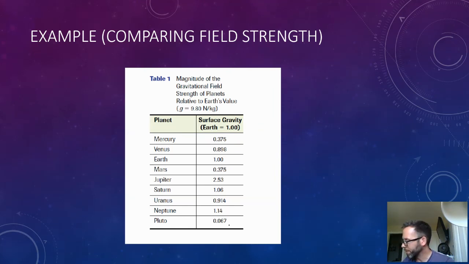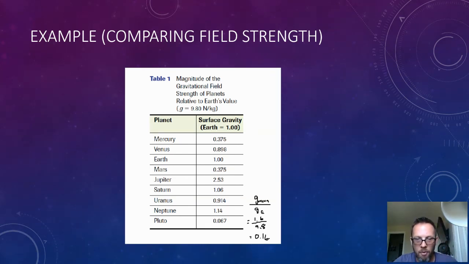In fact, when you compare it to the moon, which is not listed here, the gravitational field strength for the moon over that for the Earth: the moon's is about 1.6 newtons per kilogram, and Earth's is about 9.8. 1.6 divided by 9.8 is 0.16.